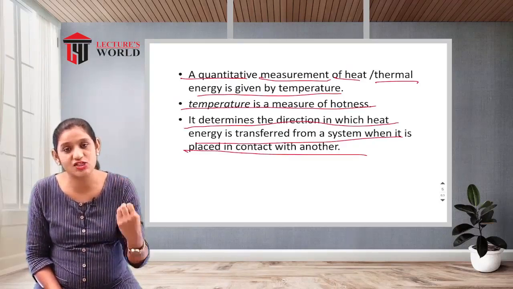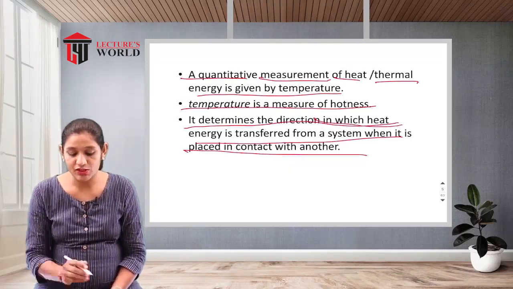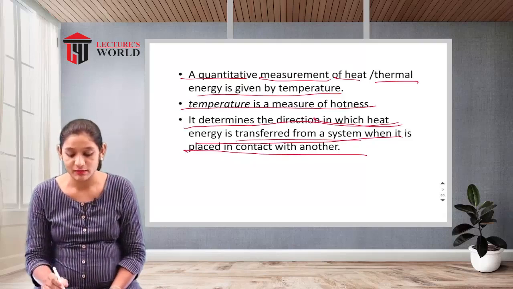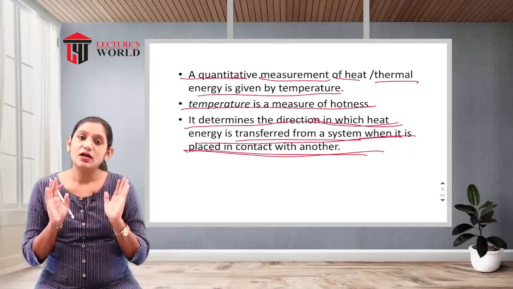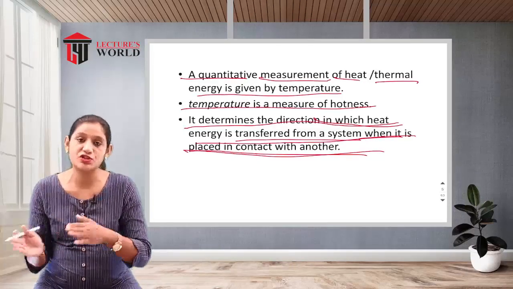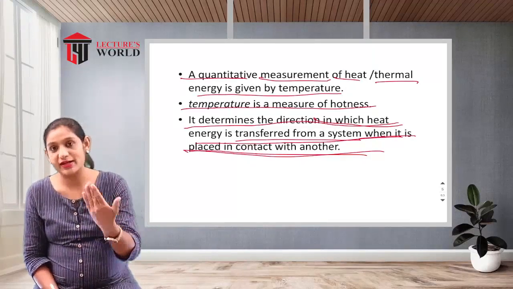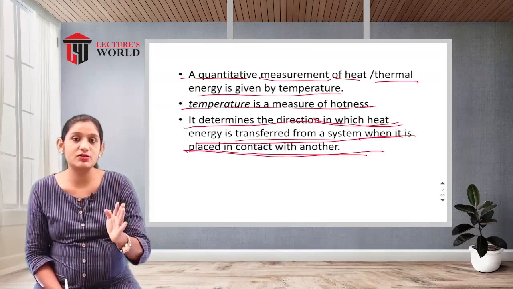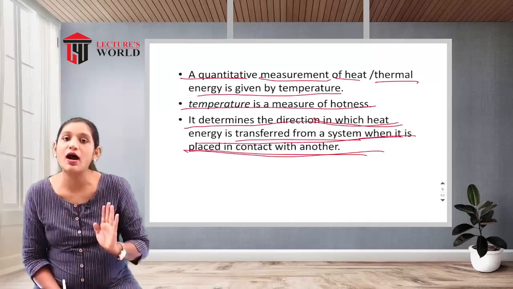Just catch my words. It determines the direction in which heat energy is transferred from a system when it is placed in contact with another. Energy from one portion is transferred to another, and the direction is determined by it. Wherever the energy is higher, the movement and motion are higher.